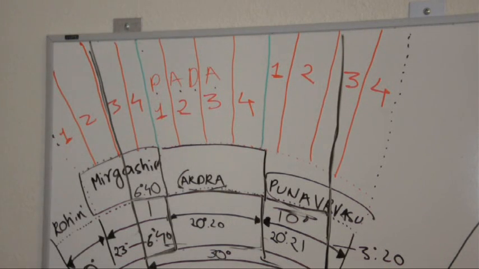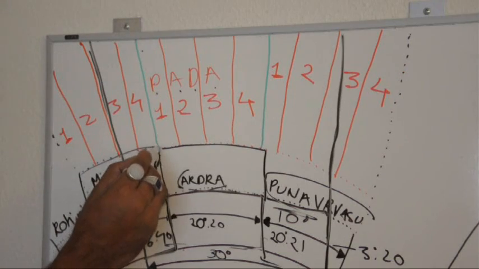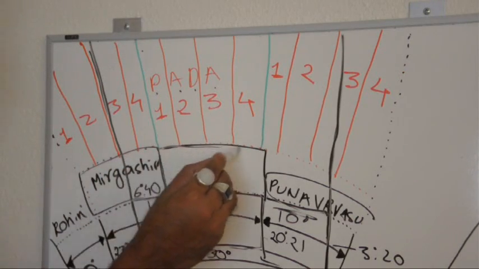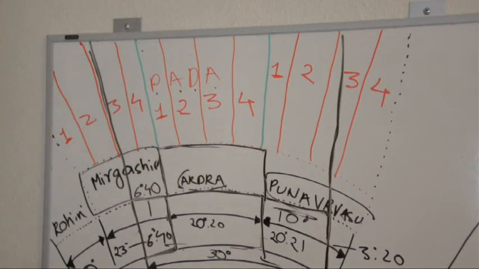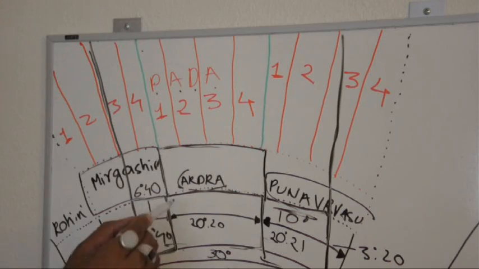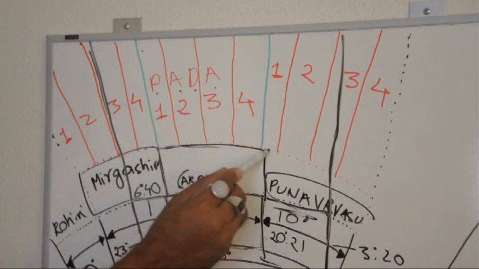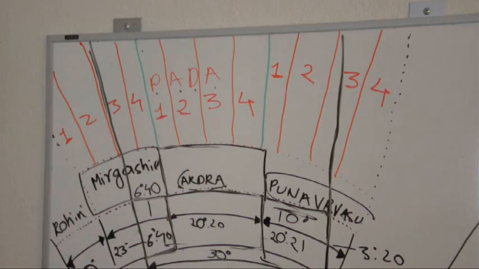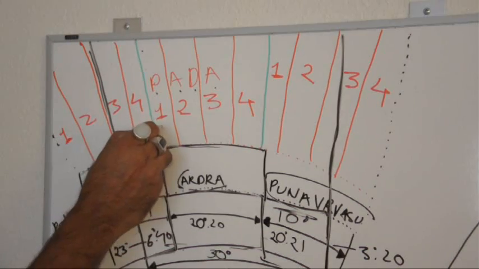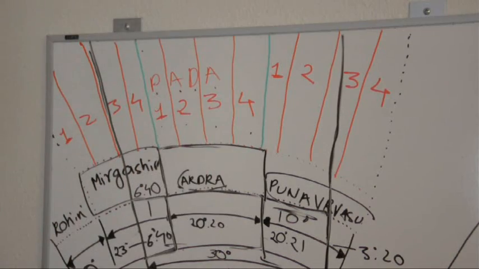It's like you're taking this constellation of Ardra and you're dividing it into 4 parts again. So you have your one zodiac sign of Gemini. In that zodiac sign you have one of 3 constellations called Ardra. Now that particular constellation will again be divided into 4 different sections called the padas.